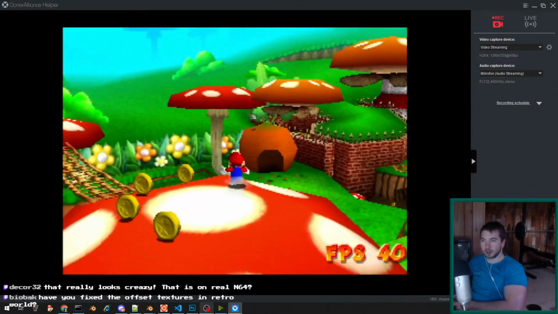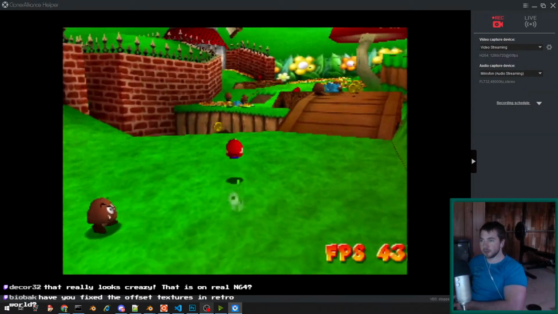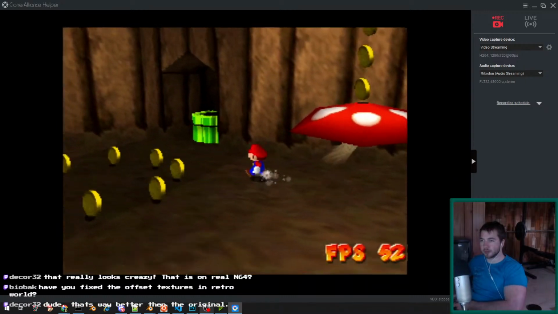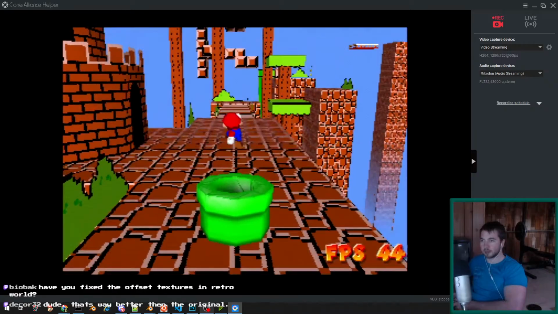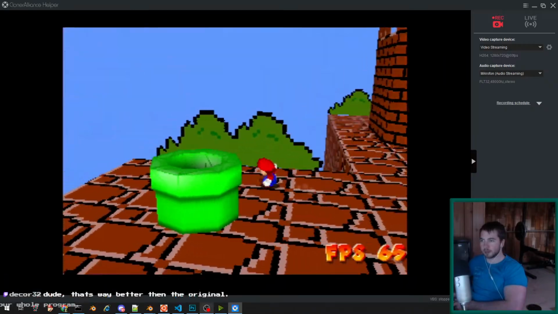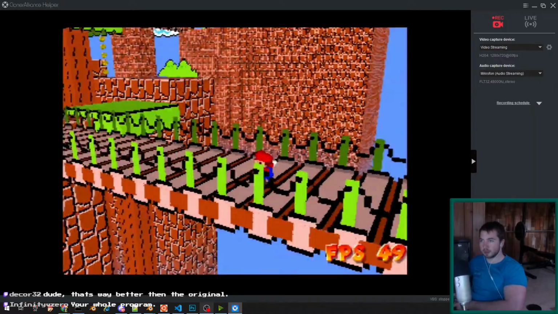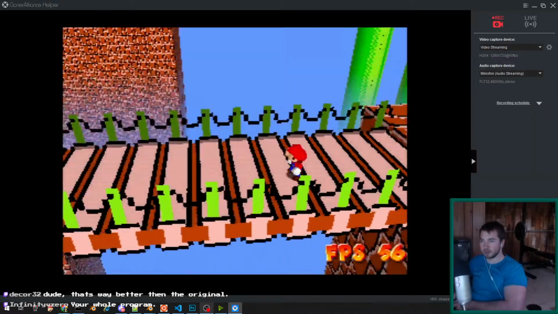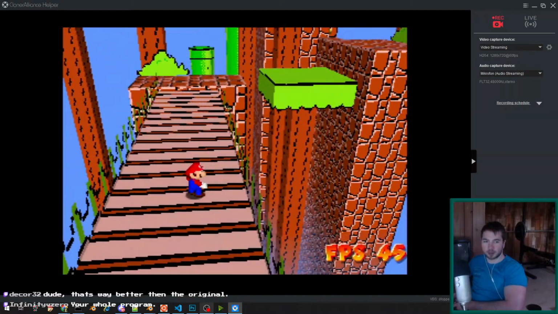Fix the offset texture in the retro world. The offset textures are a Glide bug. I can show you. It's gonna look fine on N64. See how this is on the ground now? No, it's not offset here. It's a Glide bug.